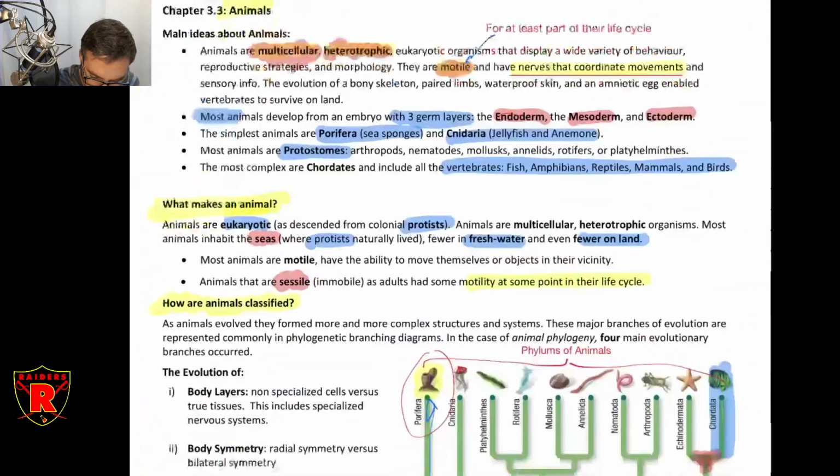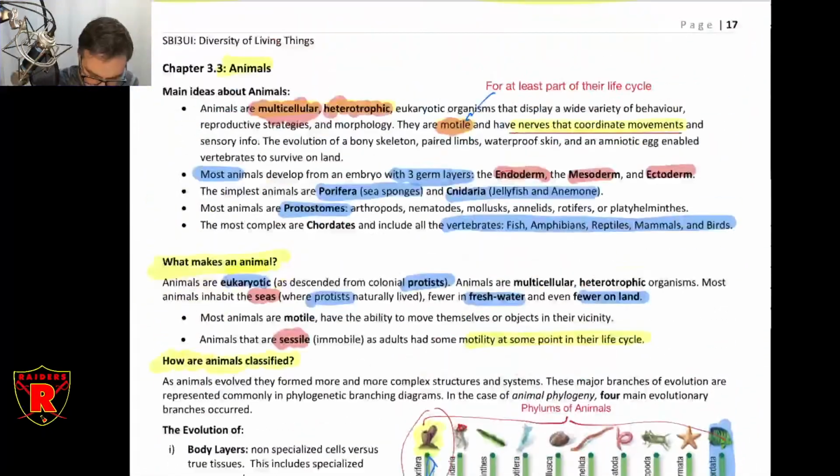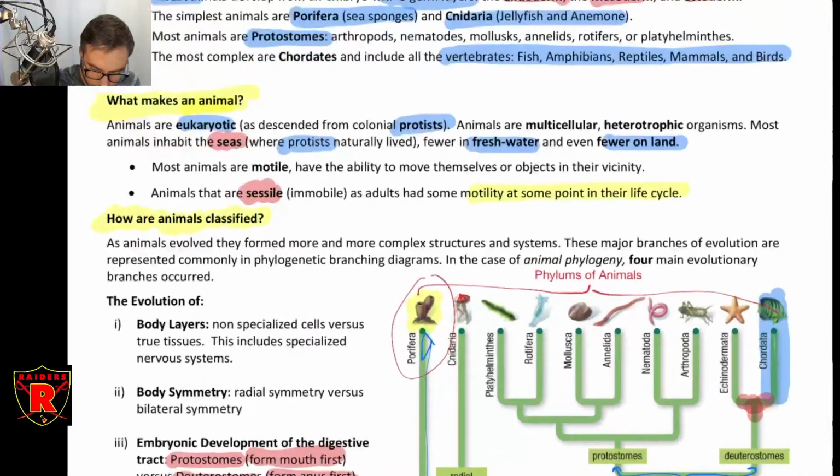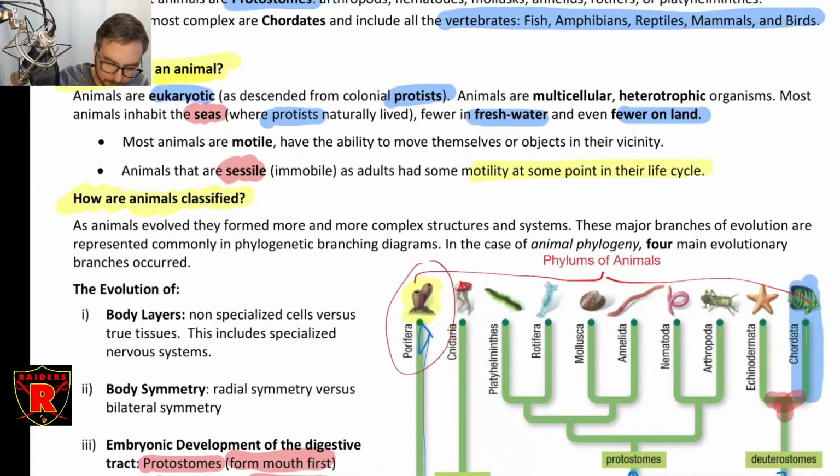Okay, so animals. How do you know you're looking at an animal? Well, they're eukaryotes. I mentioned this idea yesterday, but there are some protists that are colonial. That is, they are not multicellular, but they are single cells that can operate in a multicellular way.